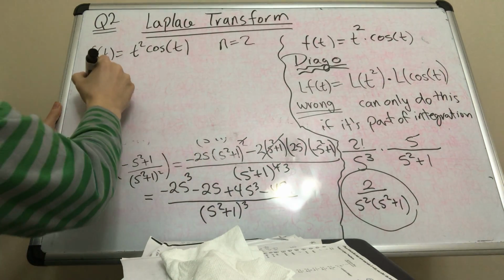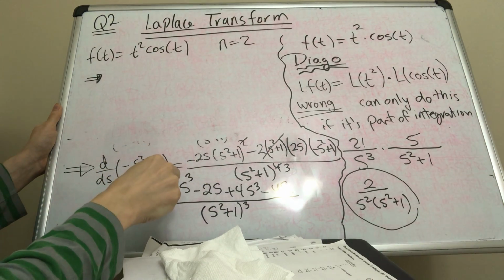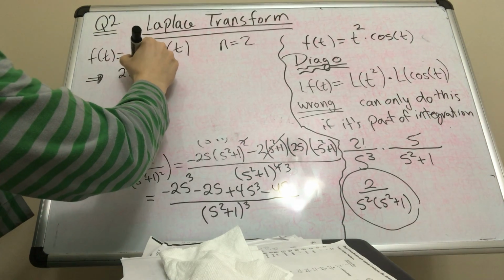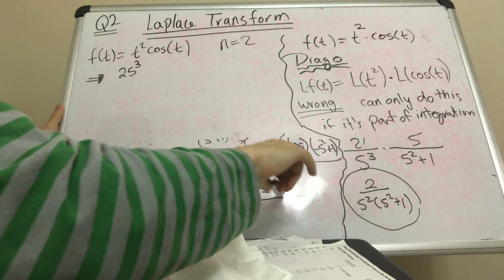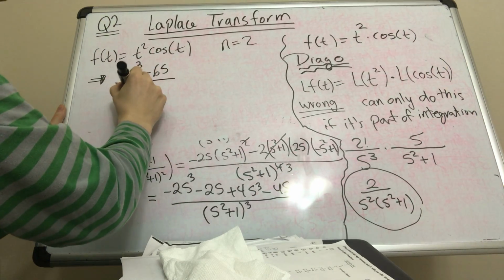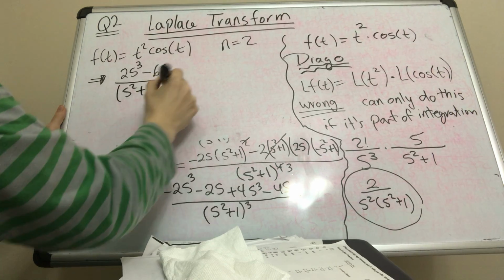So the second derivative: negative 2s cubed plus 4s cubed becomes 2s cubed, negative 2s, negative 4s, negative 6s, over s squared plus 1 cubed.